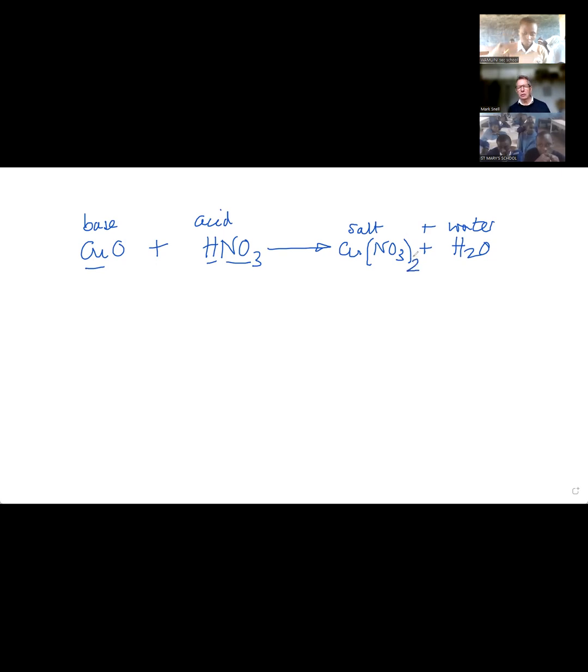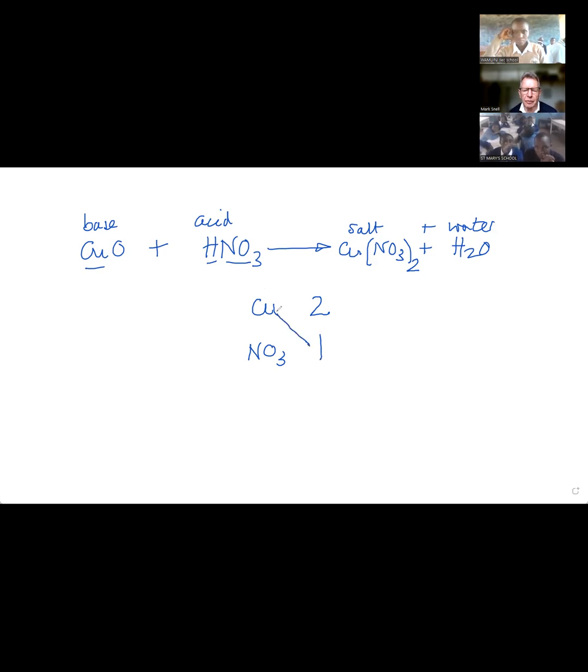Now, if you're not sure about that, this is how this works. Copper has a valency, that is the number of bonds it forms, of 2. Nitrate, and you can always tell the valency by the number of hydrogens it combines with, has a valency of 1.